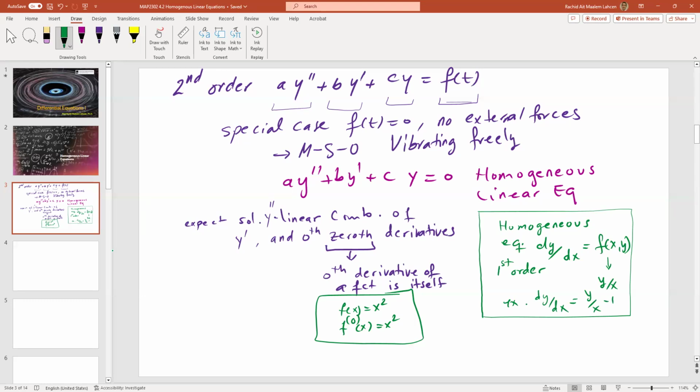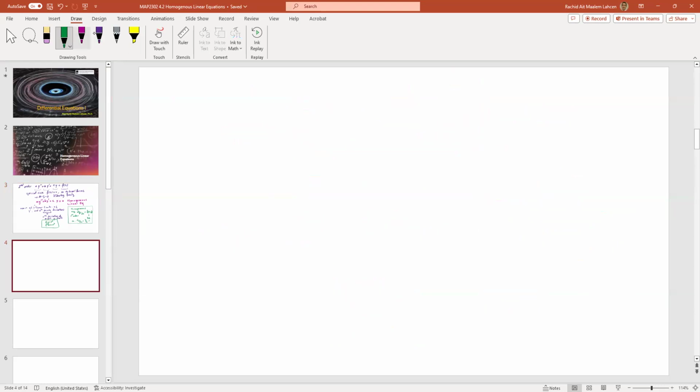And also, like we did in the past, we kind of guess a solution, let's say here in the form of y equals e^(rt), and other possible solutions, and see if they actually satisfy the equation.